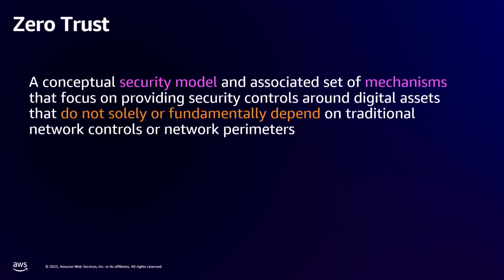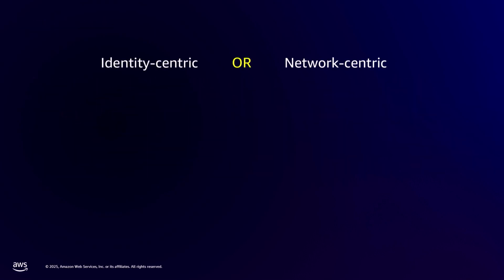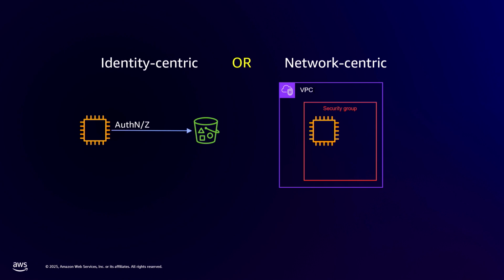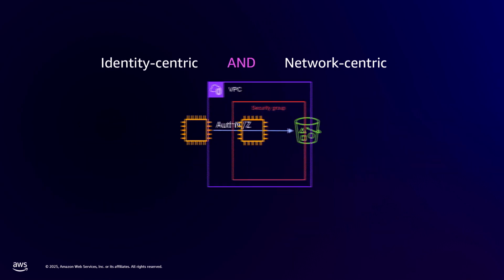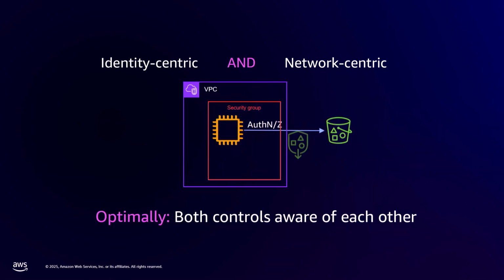But also, we want to have control in terms of which services want to consume another service, and if they have access or not. So the idea is that we have identity-centric security and network-centric security. Imagine identity-centric like an IAM role when an EC2 instance wants to consume an S3 bucket. Ideally, what you want is to have both controls together and aware of each other, and that's what we're going to try to do with VPC Lattice.